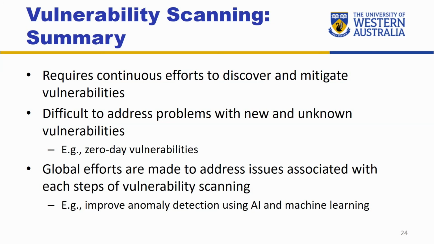In general, we're trying to identify misbehaviors in the system that happen due to attackers exploiting those vulnerabilities. But at the same time, we want to identify those vulnerabilities before they are exploited, because when those attacks do happen, the exploit sequences can happen very quickly. So that's the summary on vulnerability scanning.